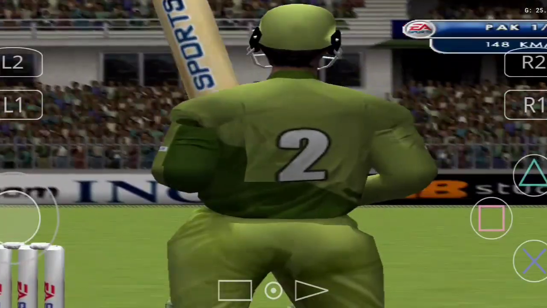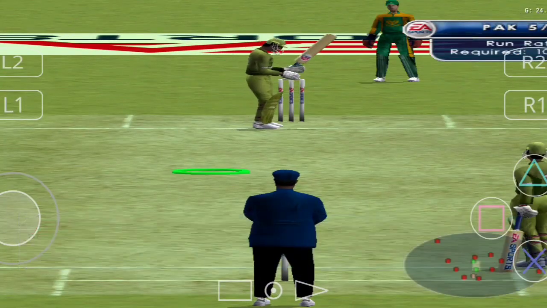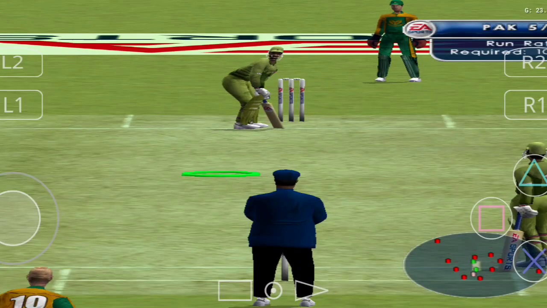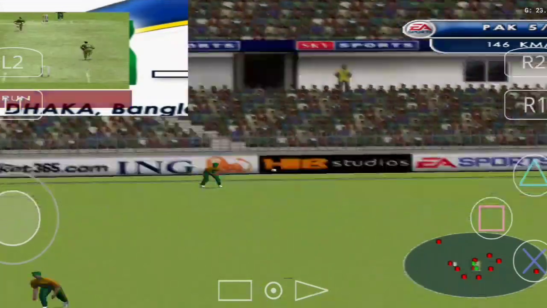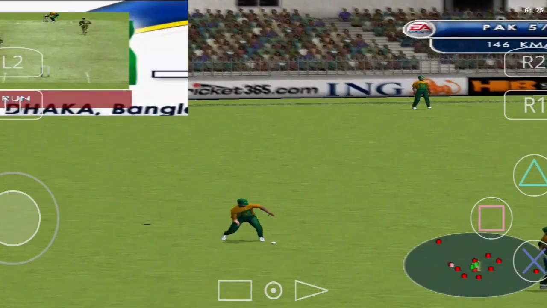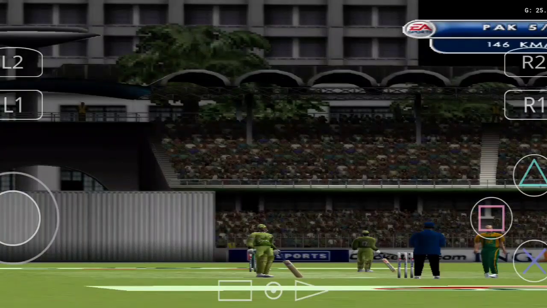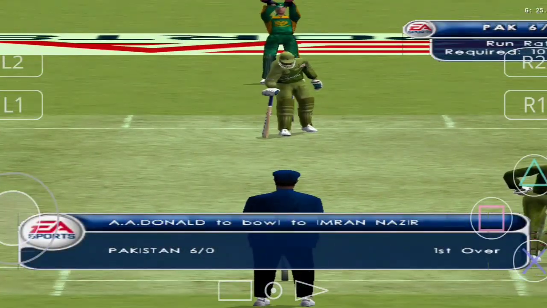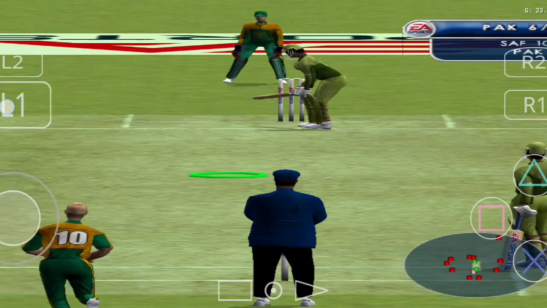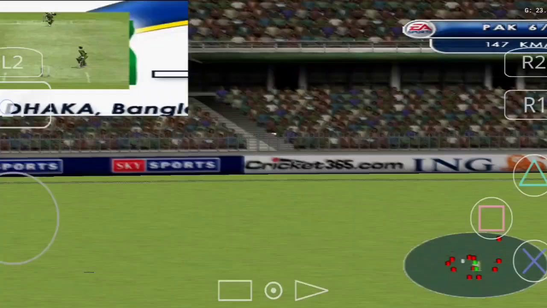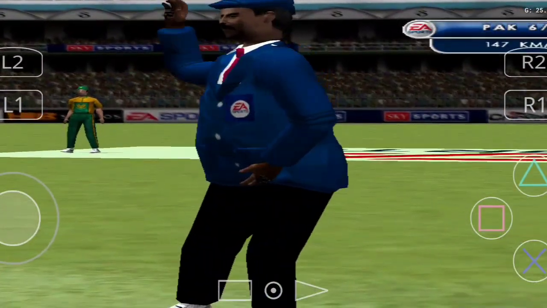The score is now no wicket for 5. Oh, he's put it down. Found the gap with that one. That's the first boundary for Imran Nazir.